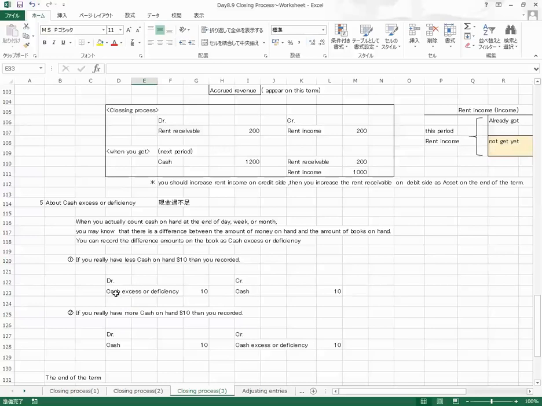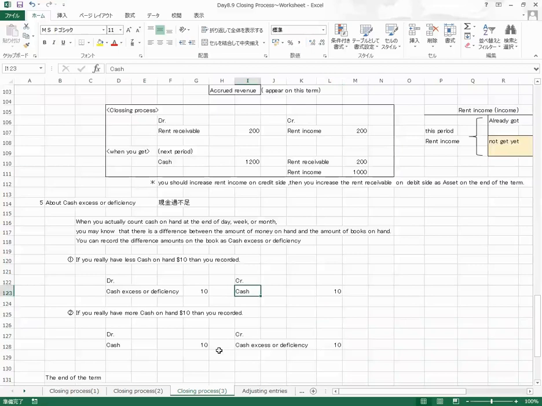First, cash excess or deficiency 10, and then cash decrease. Your cash account decreases by $10. So here is the account title, cash excess or deficiency, recorded on the debit side. And in reality your cash is decreased, so cash appears on the credit side.